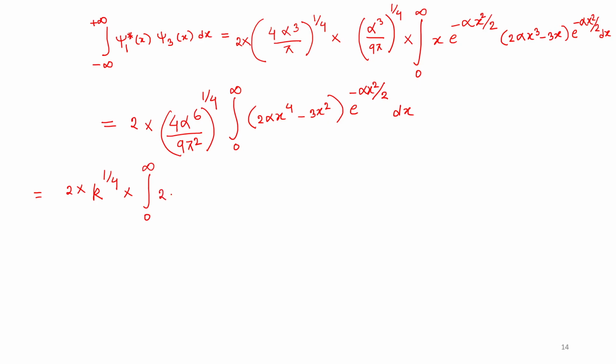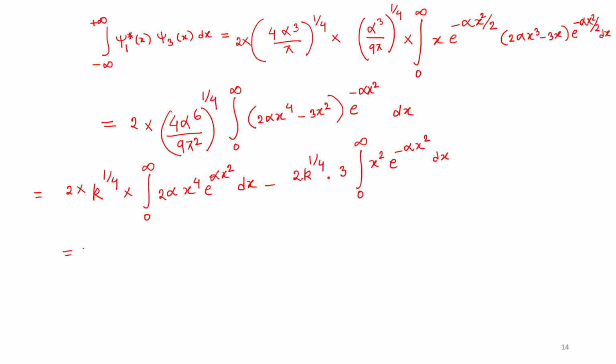We are going to get two things: 2 alpha x to the power 4 e to the power minus x square by 2 minus x square by 2, we are going to get x square, so e to the power minus alpha x square, and then we are going to get dx, and here we are going to get 2 into k to the power 1 by 4 into 3, integral 0 to infinity x square e to the power minus alpha x square dx. Okay?